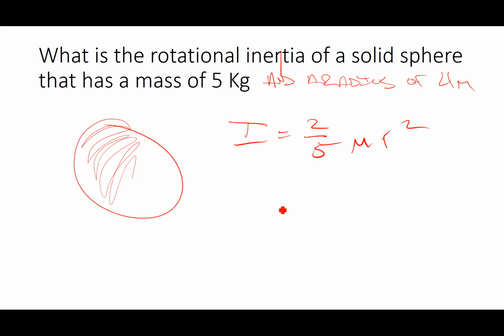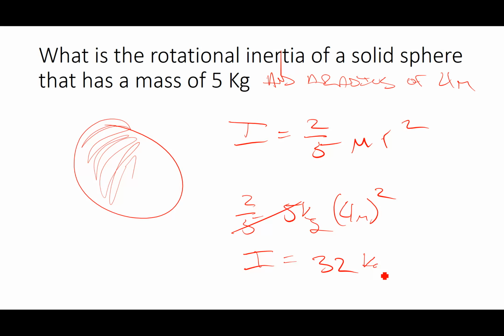So here my mass is 5 kilograms, 2/5 comes out front, 4 meters gets squared, so 4 times 4 is 16. The 5's cancel out. 16 times 2 gives me a rotational inertia of 32 kilogram meter squared.